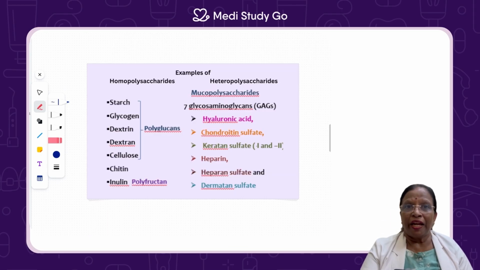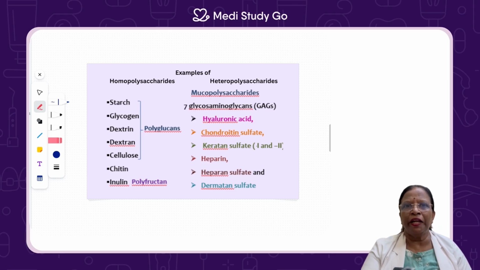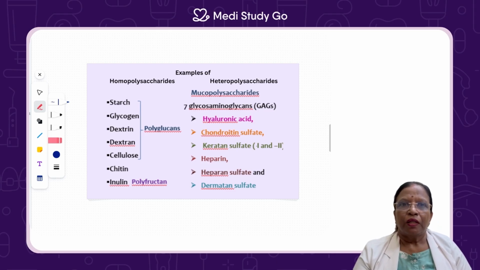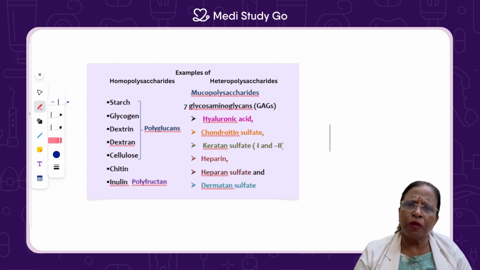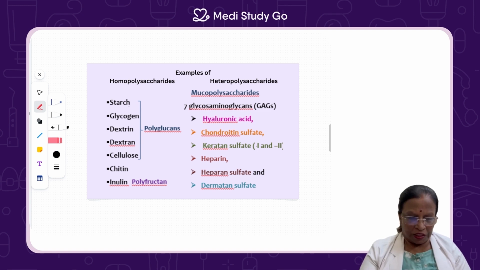As the name indicates, on hydrolysis, it gives rise to only one type of monosaccharide unit. So, if they are made up of only glucose units, they are called polyglucans. Starch, glycogen, dextrin, dextran, cellulose, all these are said to be polyglucans.